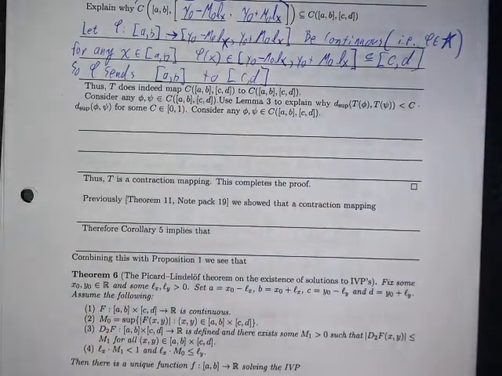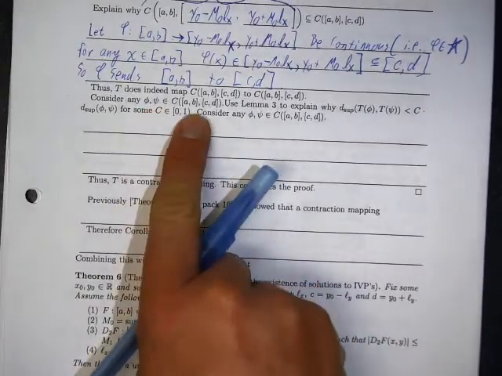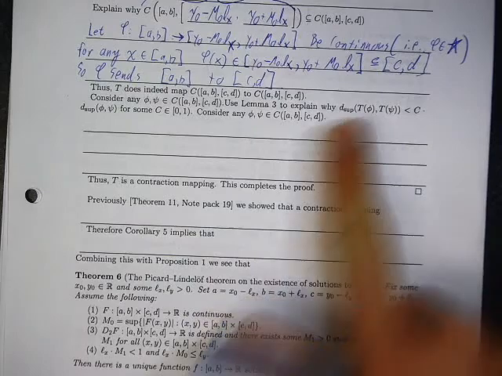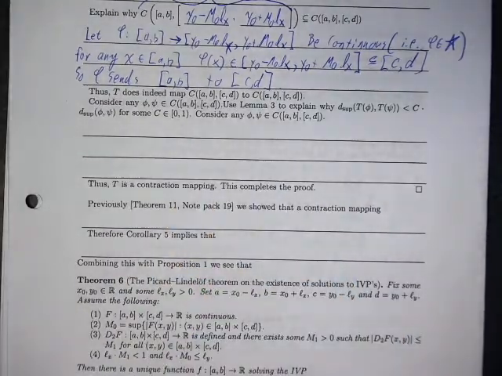Okay, so now let's fix some phi and psi. So now I need to show that it's a contraction mapping. And this will be even easier. So pick any phi and psi in C of AB to CD. By lemma 3, what can you tell me about d sup of T of phi and T of psi?